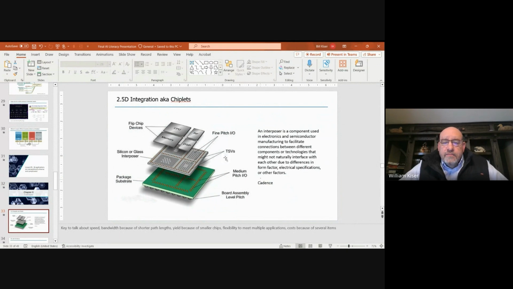All right, 2.5D integration. It's very simple. Instead of using a printed circuit board, use a glass interposer, right? You mount your chips, and you can do it with a variety of different types of chips. You mount them directly to the glass interposer. So you have a variety of bump bonds on the bottom. There are many, many different ways to integrate. You have through silicon vias, so it allows you to do flip chip or other types of bonding.